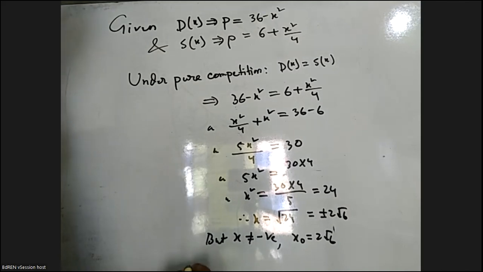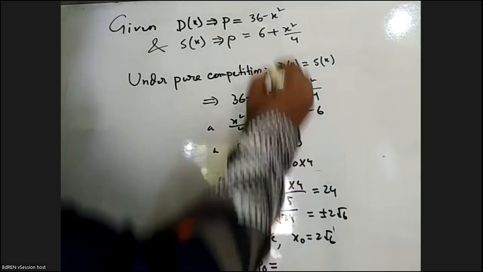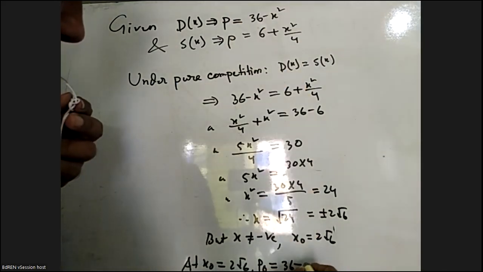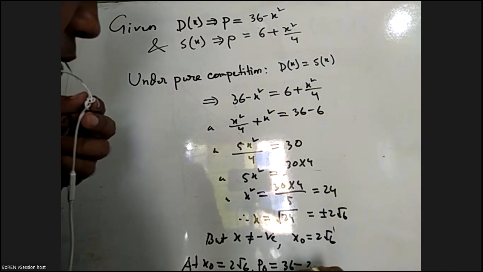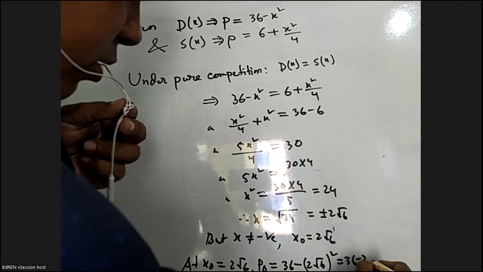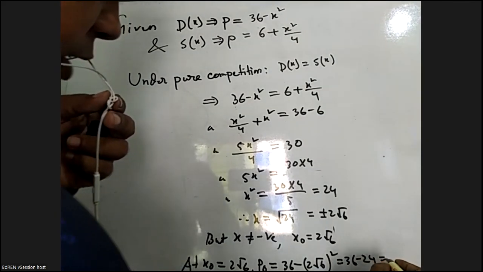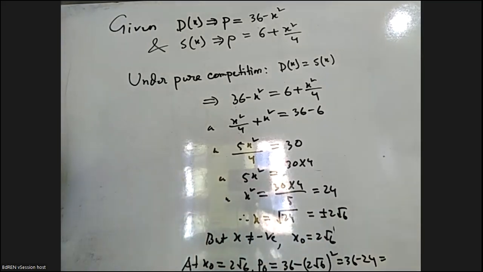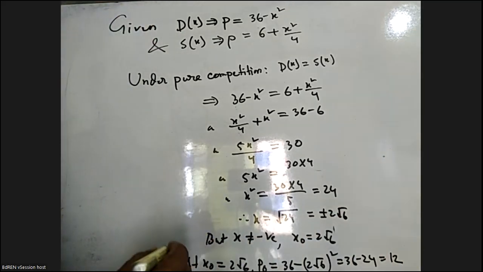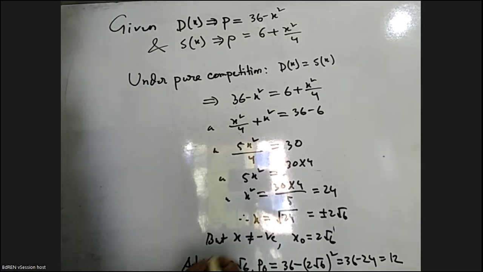So at x naught equals 2 root 6, what will p naught be? From any function, demand or supply. From the demand function, 36 minus x square means 36 minus 2 root 6 whole square, so this equals 36 minus 24, which is 12.